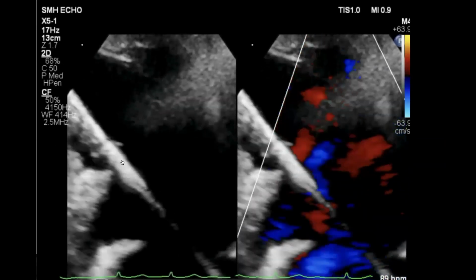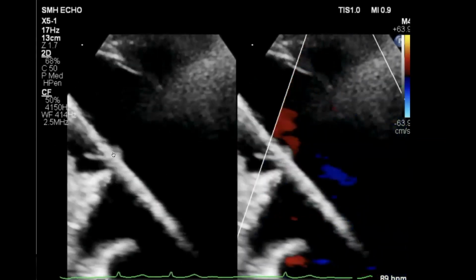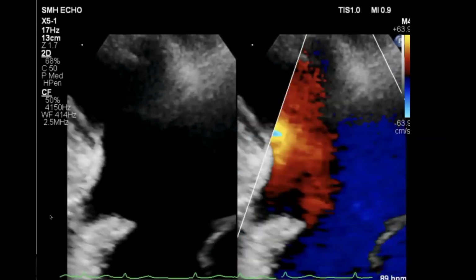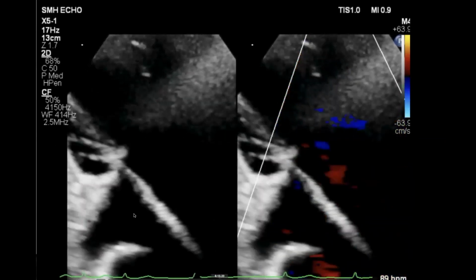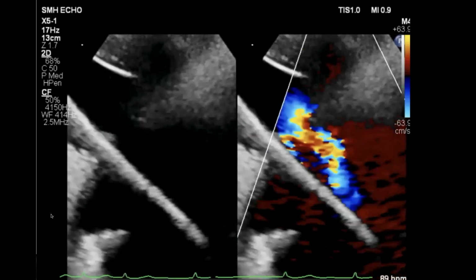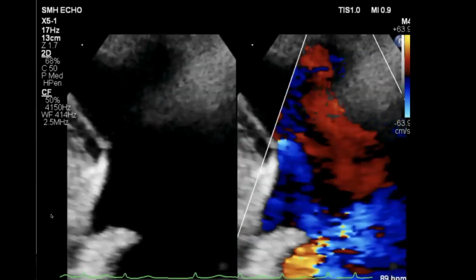As the sweep continues, you see the lead come into view and then disappear, and then we see the next leaflet. We don't actually see any leaflet being bent back by the lead, or the most amount of TR coming from this frame here. We just see it pass through, and then we see the next leaflet.